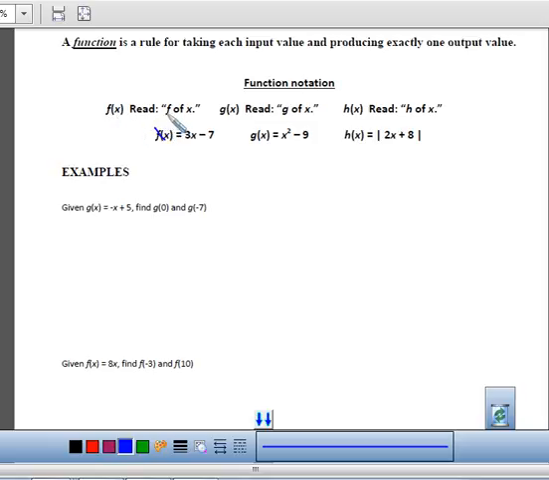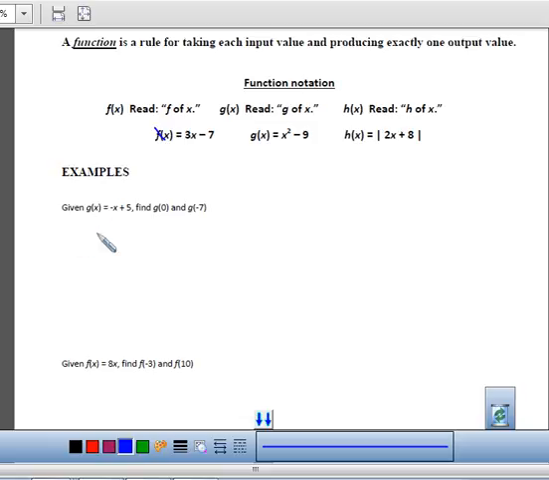And the way you read it is f of x. This is not two variables. This is a function. F of x equals 3x minus 7. G of x equals x squared minus 9. H of x equals the absolute value of 2x plus 8. Alright? That's how you read it.